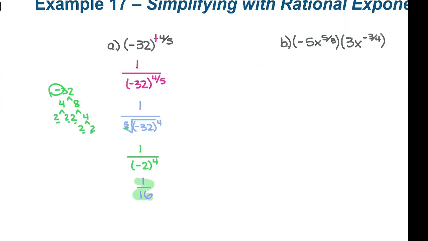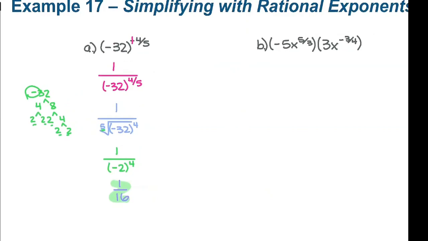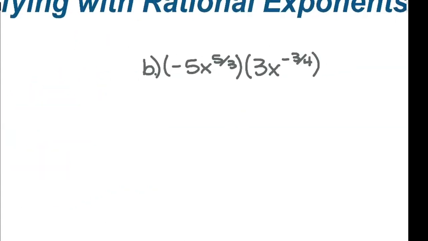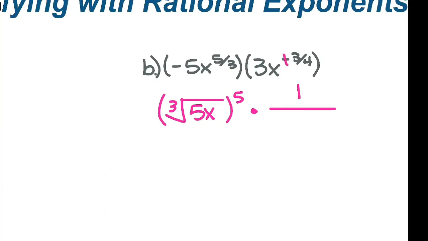For B, we have negative 5x to the 5/3 times 3x to the negative 3/4. So this first one, I'm going to simplify. I'm going to take the cube root of 5x to the 5th power. And then I'm going to multiply that by the negative, which I'm going to turn into a positive, 1 over 3x to the 3/4 power.